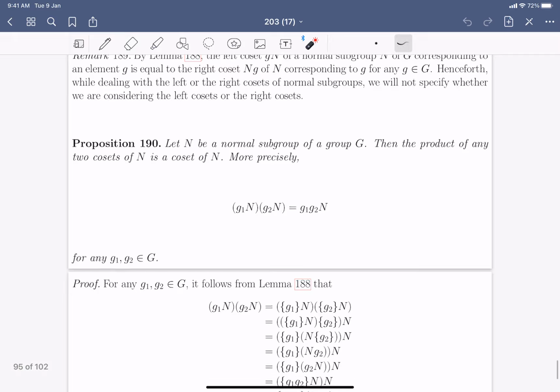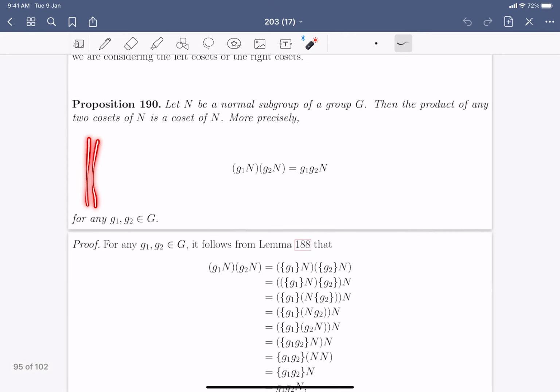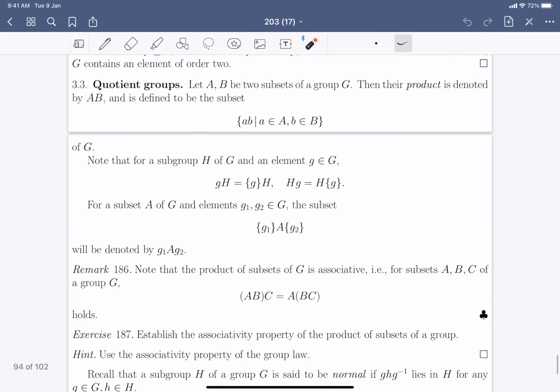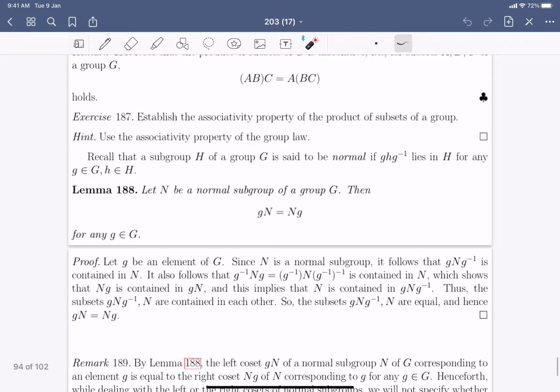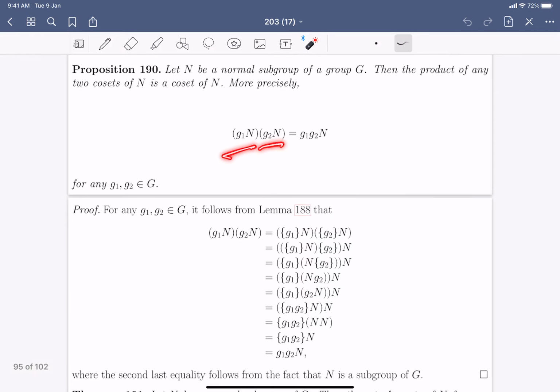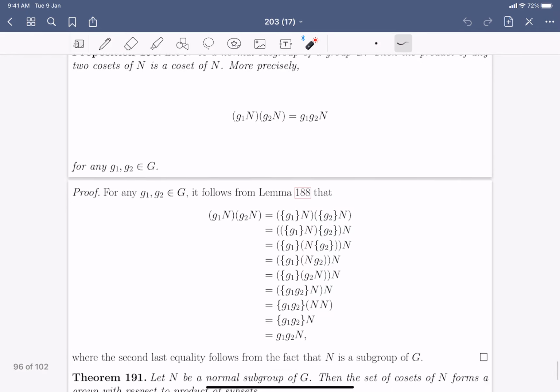An important proposition is that if you start with a normal subgroup N of a group G and take two cosets g1N and g2N, then their product, by product I mean the product of these two subsets as we define here, turns out to be equal to g1g2N.